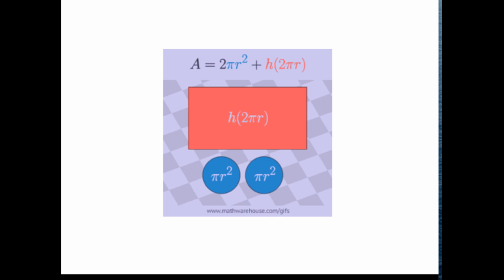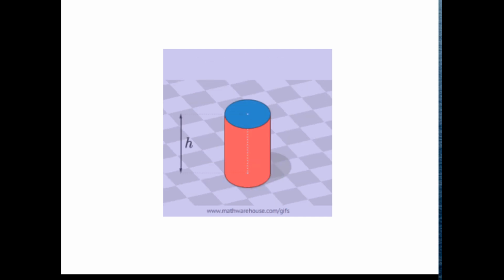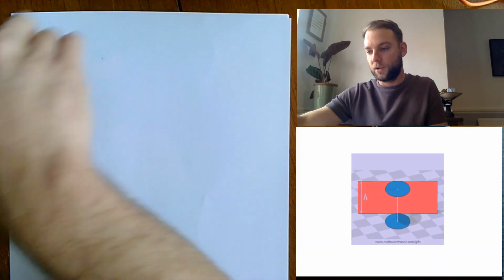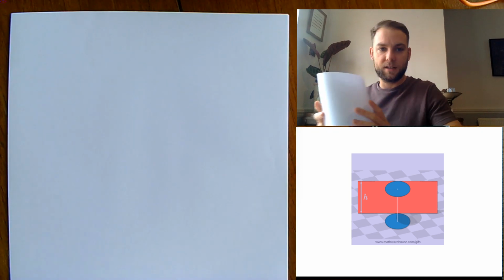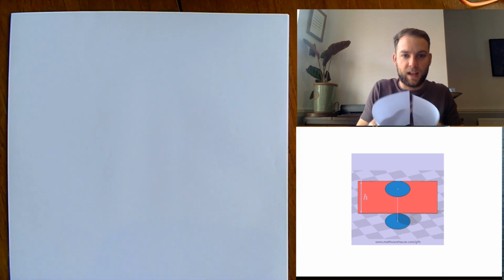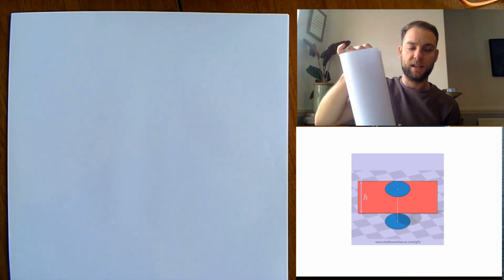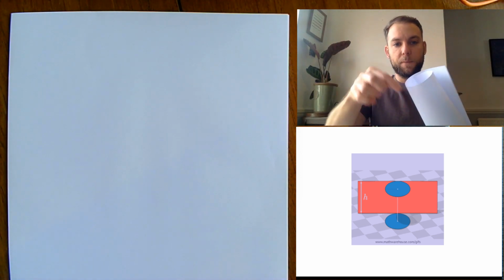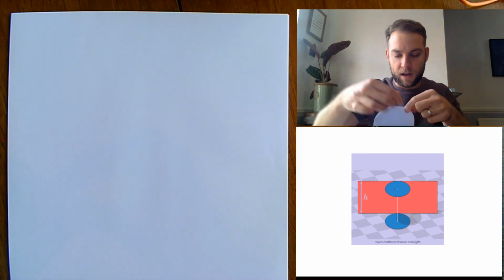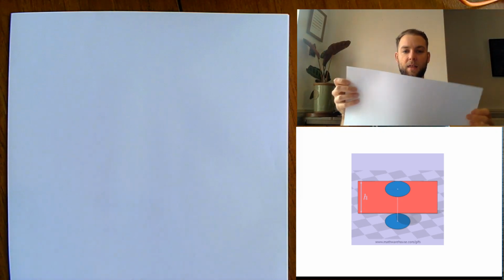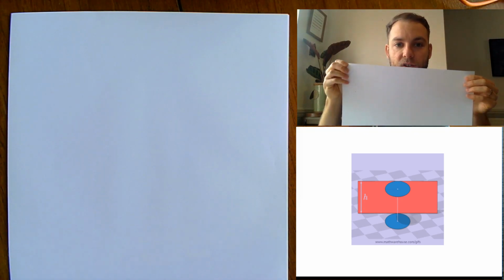Now, I'm just going to snap back to show you how this works. The thing that we need to know is that if I've got a cylinder, this part here is the same as the circumference of a circle.